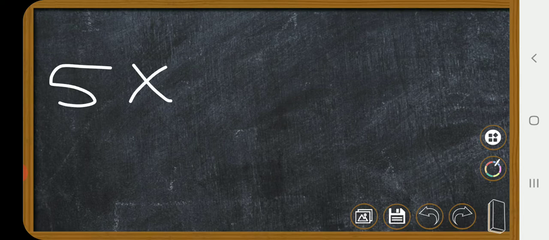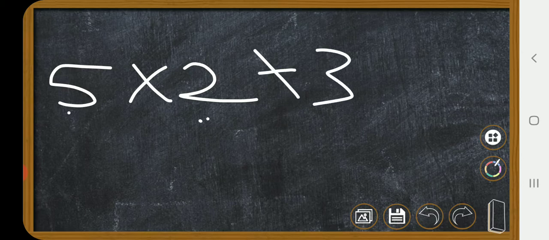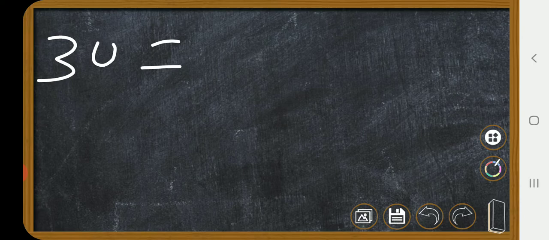How to write this? 5 multiplied by 2 and multiplied by 3. 5 twos are 10, 10 threes are 30. That was the vertical arrangement, and now horizontal, how will you write 30? First you write 15 twos are 30.